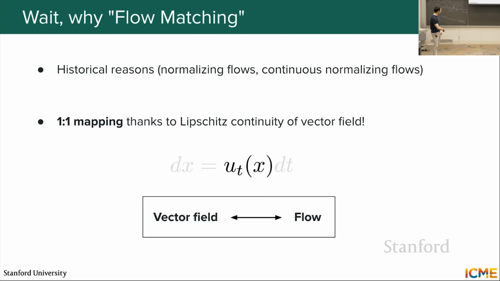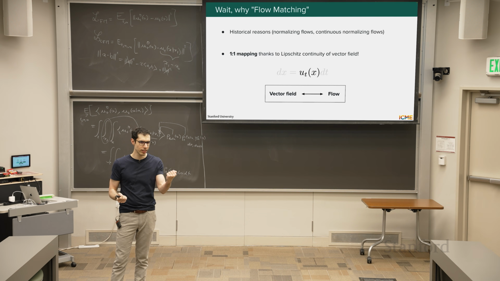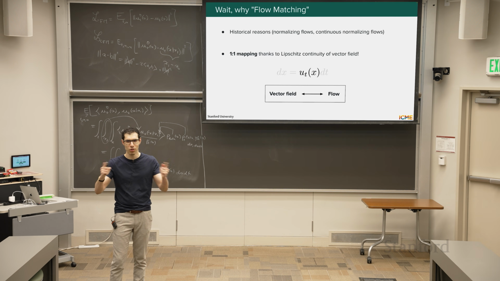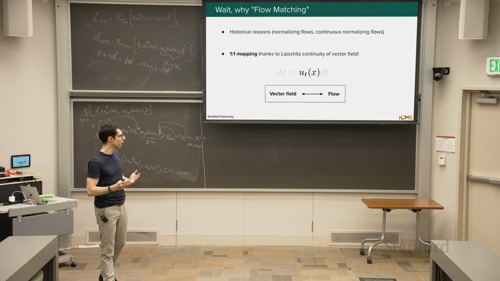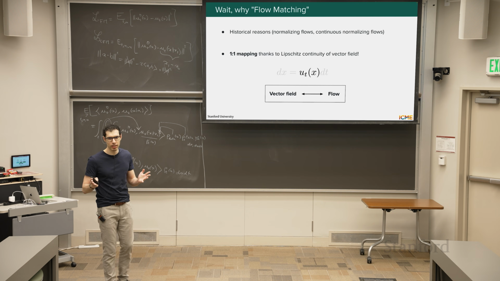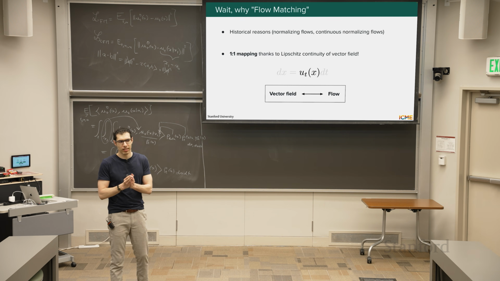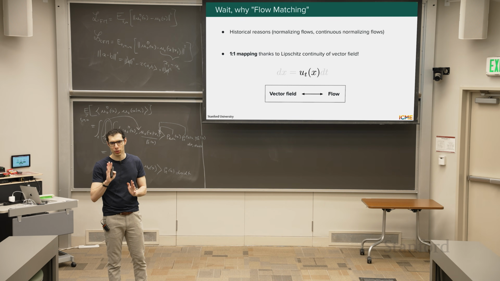So you actually have a mapping between vector fields that you learn and the flow. So if you're matching the velocity, you're also matching the flow. Now, you may be wondering, okay, how do I know that the learned vector field is indeed Lipschitz continuous? Well, we have not seen that yet. We're going to see that in lecture 5.